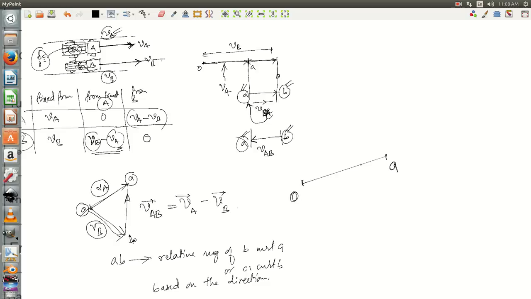Now here, if I'm calculating the velocity of A with respect to O, this will be in this direction and this will be VA with respect to O. Note that the velocity of the object that we are calculating has to be at the end, whereas the frame of reference from which we are observing has to be at the beginning.